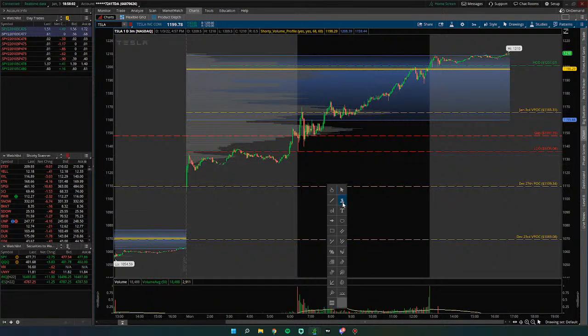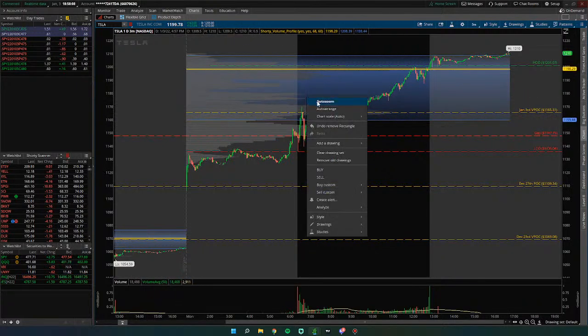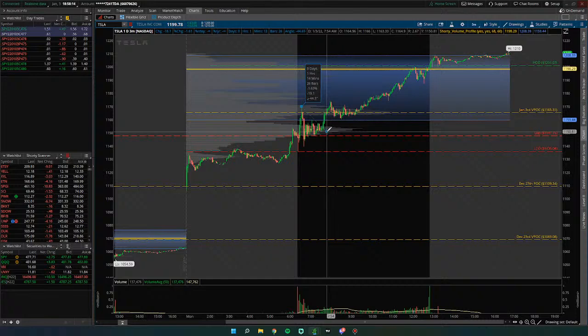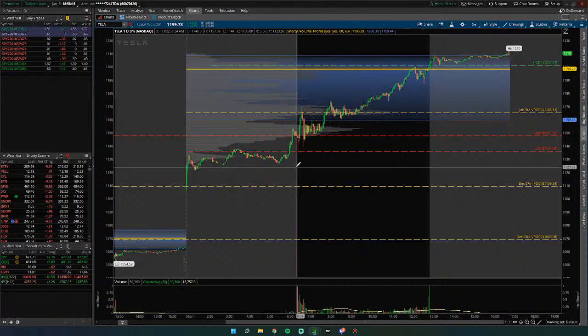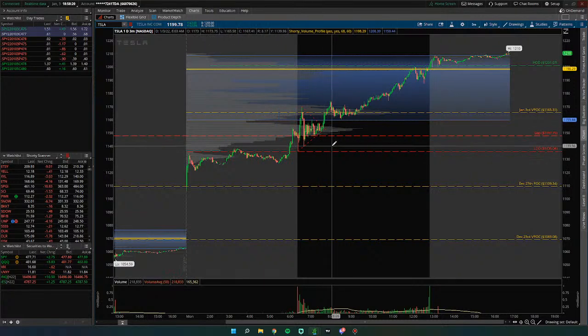Yeah, so here on Tesla, and again, I'm not going for accuracy here, but you could have absolutely played this to the upside or downside, and that's what I'll do all day long.